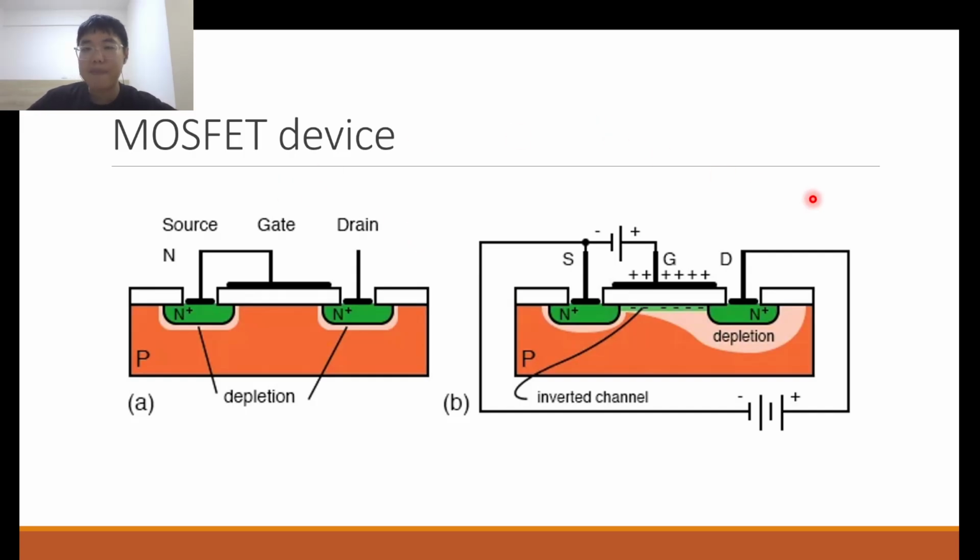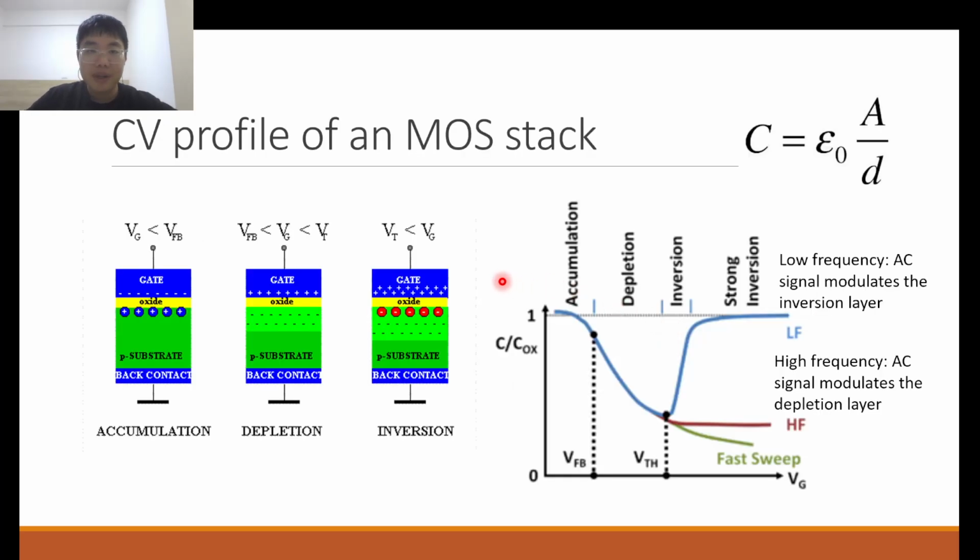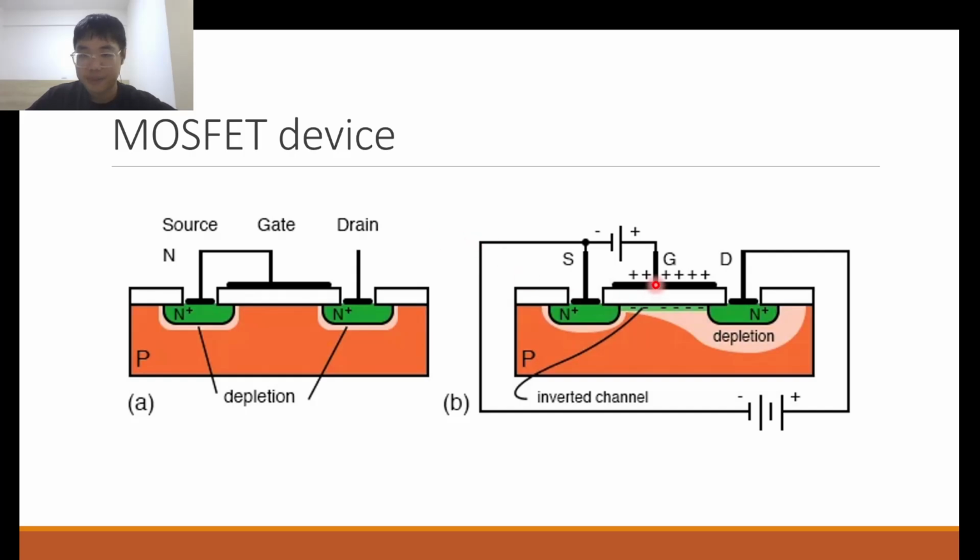During operation of an NMOSFET, which you sometimes just call an NMOS, we apply a positive potential on the gate. This is like the case we saw earlier. It pulls electrons out of the P substrate when the gate voltage is greater than the threshold voltage.